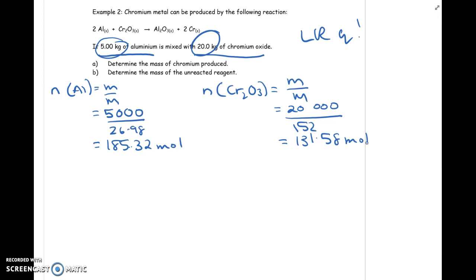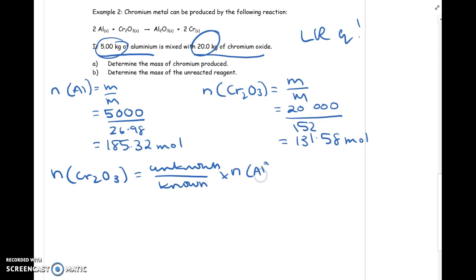Now, the easiest method to do a limiting reagent is just to try one. So I'm going to try aluminium because it's the first one I did. I'm going to see how many moles of chromium oxide I would need if I used up every single mole of aluminium. So the number of moles of chromium oxide would equal the unknown over the known times the number of moles of aluminium.